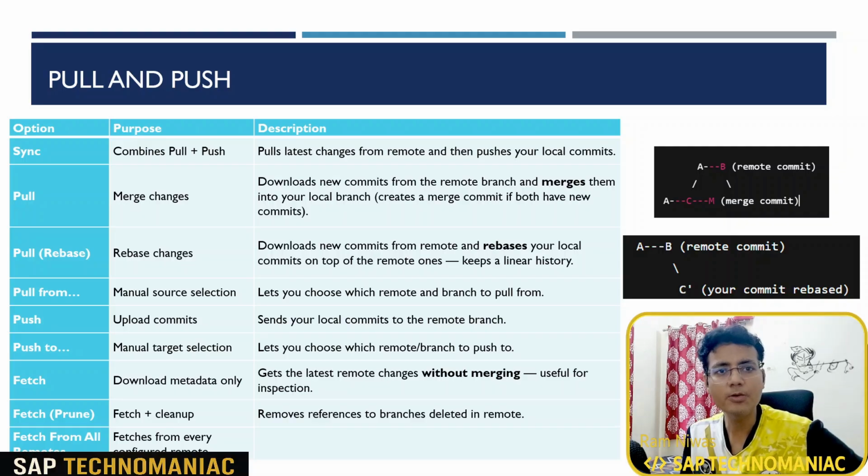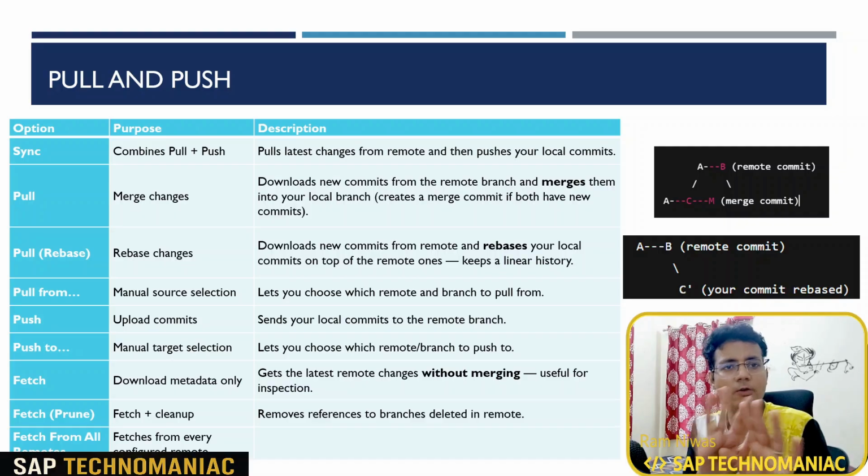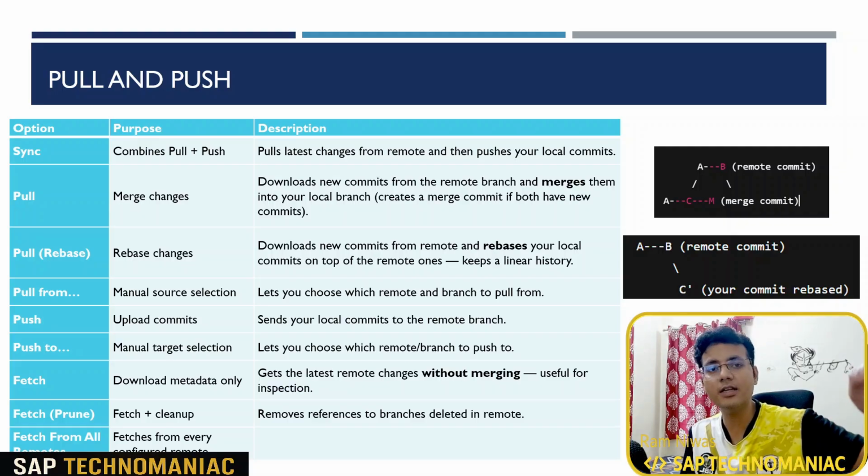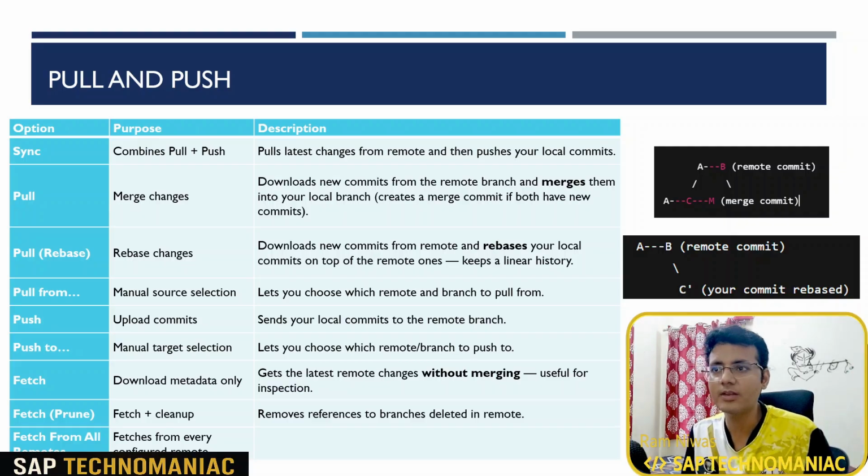Suppose when you started working, you started with the main branch, and you are working with only one branch, and you started making changes on that particular main branch. But in the meanwhile, somebody else already committed changes on the remote branch. So whenever you are pulling the changes, the system will download the new commits which you don't have in your system.